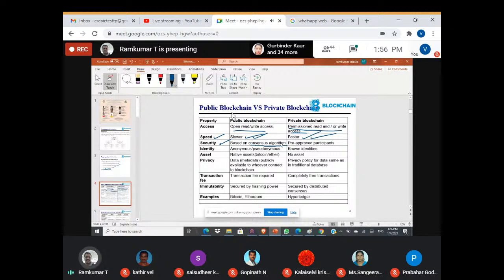Based on those algorithms, the public blockchain network provides the security. And in the private blockchain, the pre-approved participants are there. Those will be the security concerns, so they have to authenticate the particular transaction, otherwise it can't be done.